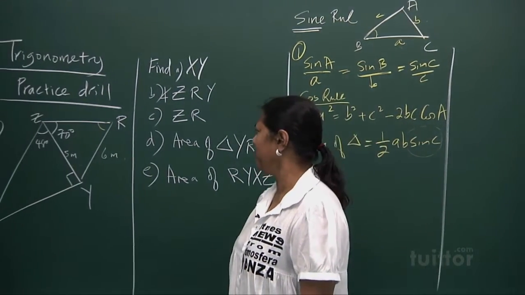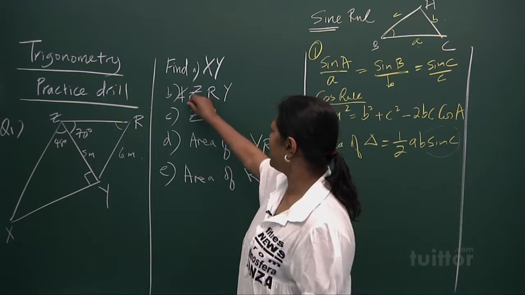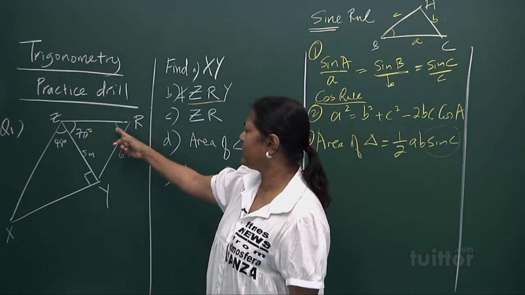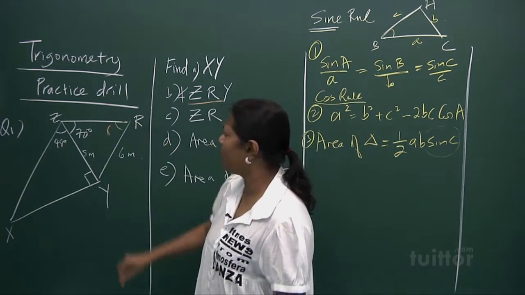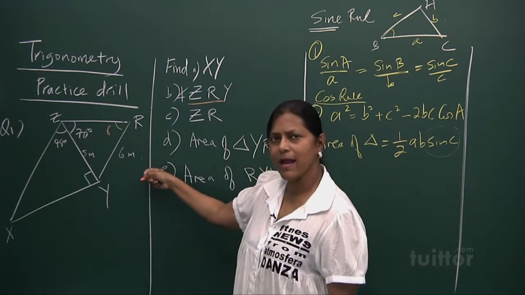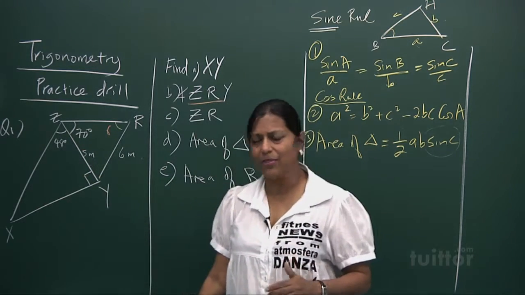Look at this sum. We are giving you a figure and we want to find out what is angle ZRY, sorry. This angle, let me call it small r. So we can see very clearly, sine rule, right?